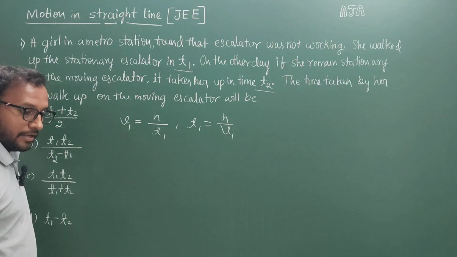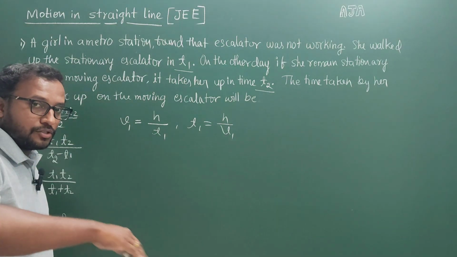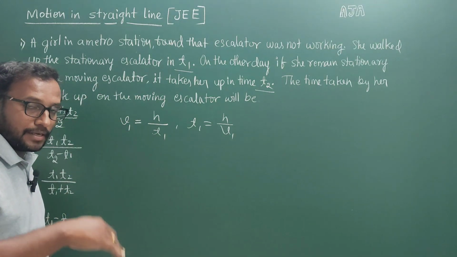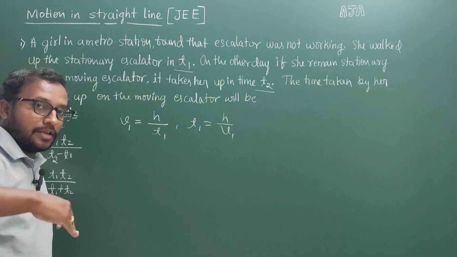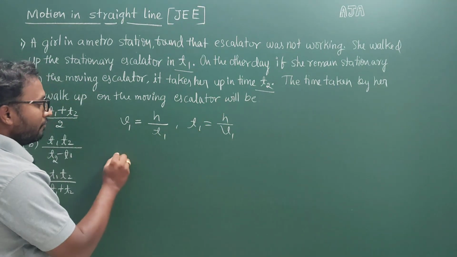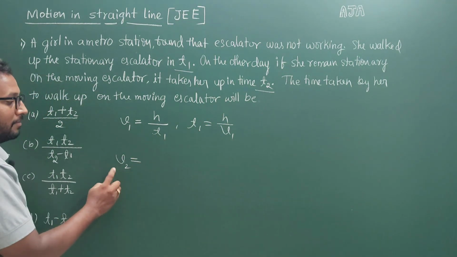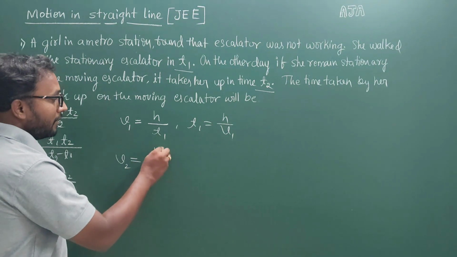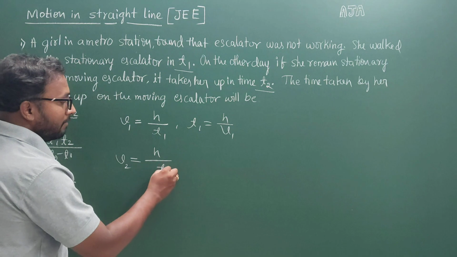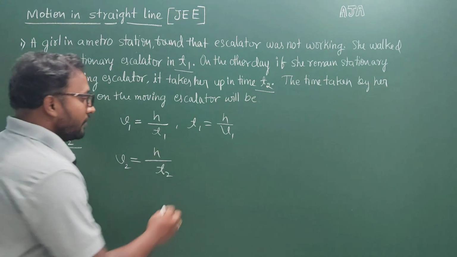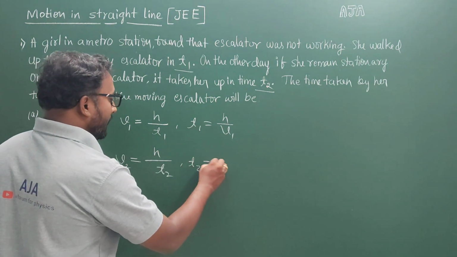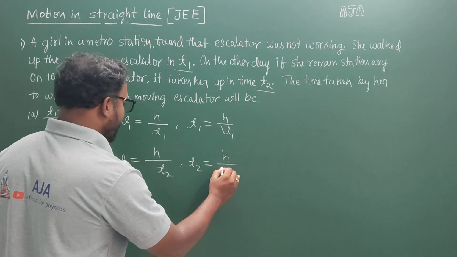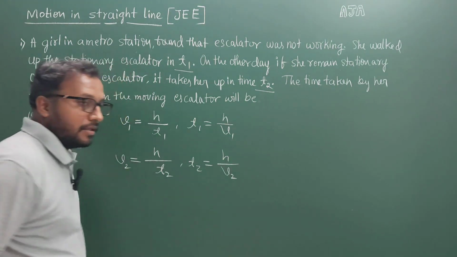Now assume that she is at rest with respect to the escalator, and the escalator is taking her up in time t2. Then what is the speed of the escalator? That can be calculated using this formula, v2, the speed of the escalator, which is given by the same height divided by t2. So you can write t2 is equal to h divided by v2.